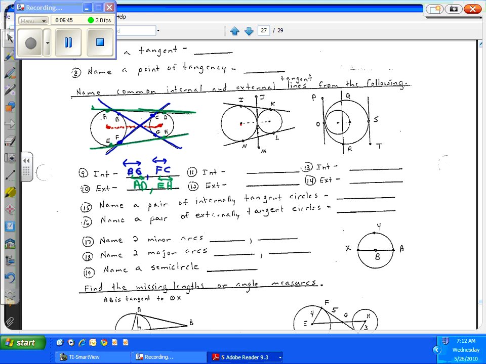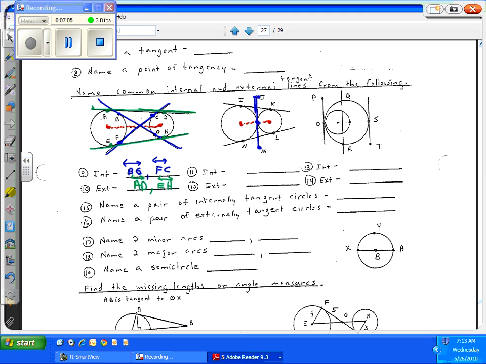In the next picture, we will begin by identifying the segment of centers. Line IJ, or line JM, is tangent to those two circles at that point.